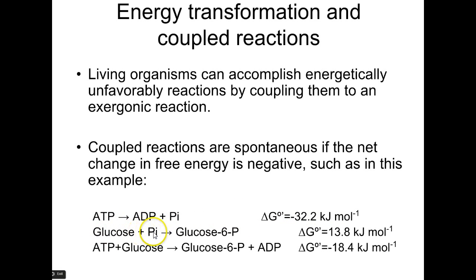If we take a reaction glucose plus phosphate to produce glucose 6-phosphate, which by the way probably wouldn't happen, to get this reaction to occur by itself we have to add energy to it. Okay? So if I have glucose and phosphate floating around in a beaker, to get the glucose and the phosphate to bond together is going to require a lot of energy to be put into that system. And then it's not going to happen that often anyway.